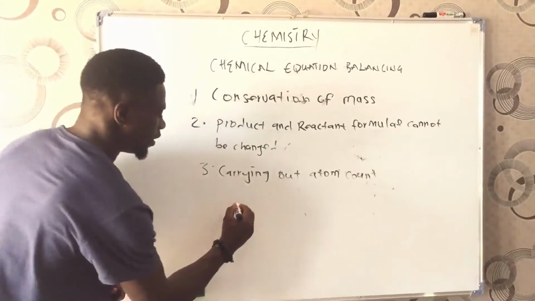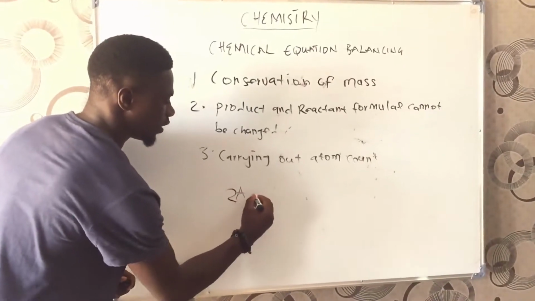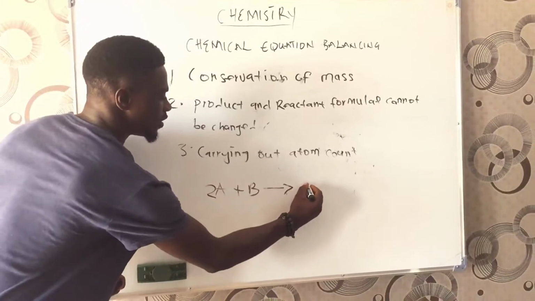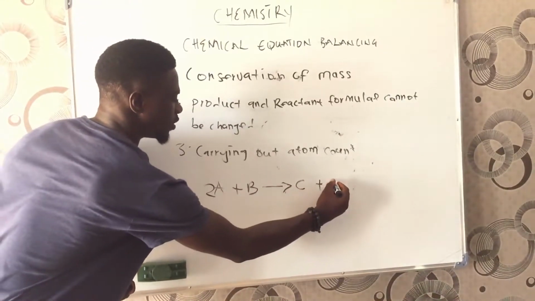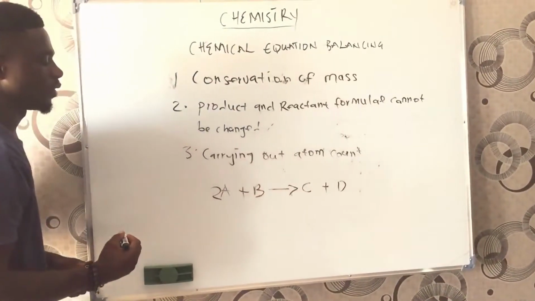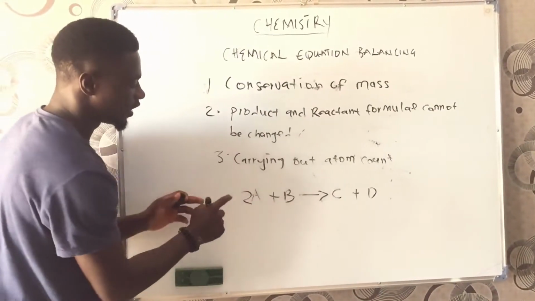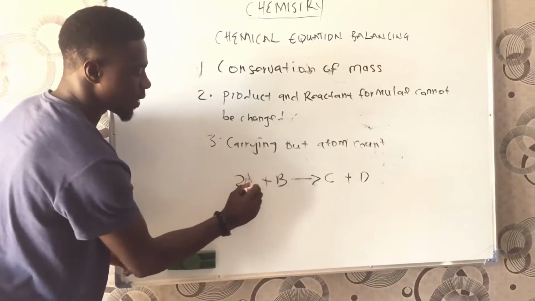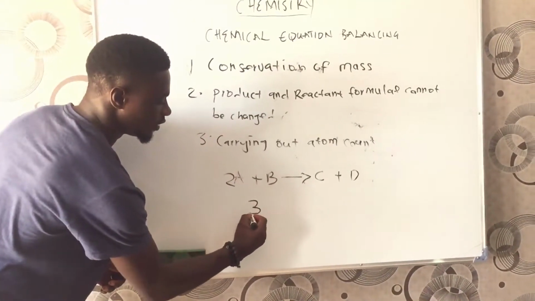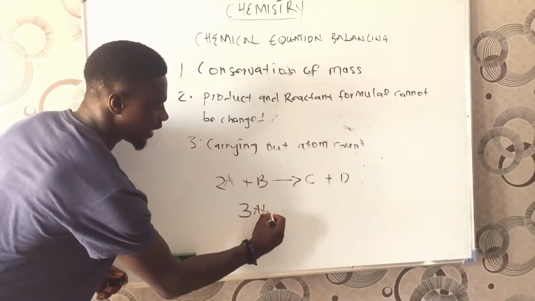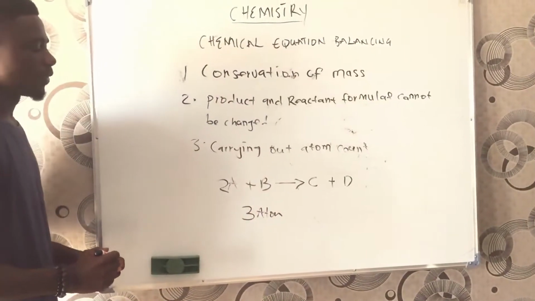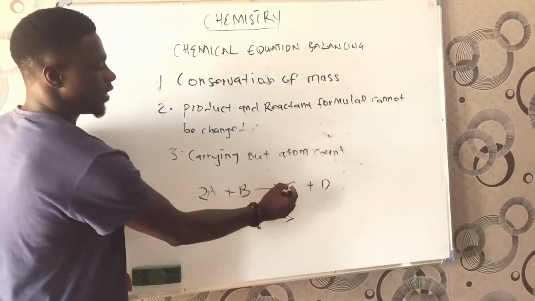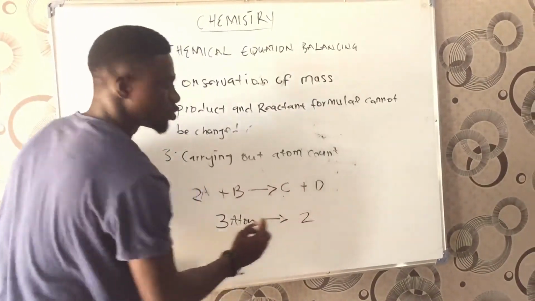For instance, if 2A plus B reacts to give C plus D, this indicates that 2A plus 1B equals what? 3 atoms here. And C plus D gives you 2 atoms.